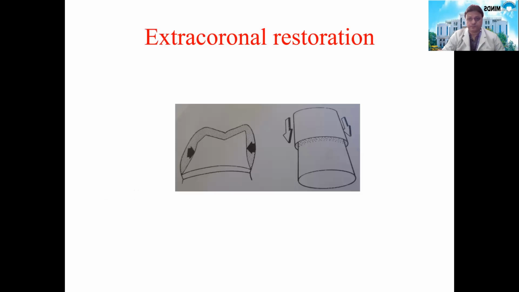You can see this is an extracoronal restoration, a normal crown. You can see the two parallel walls which we have created that will aid in better retention.